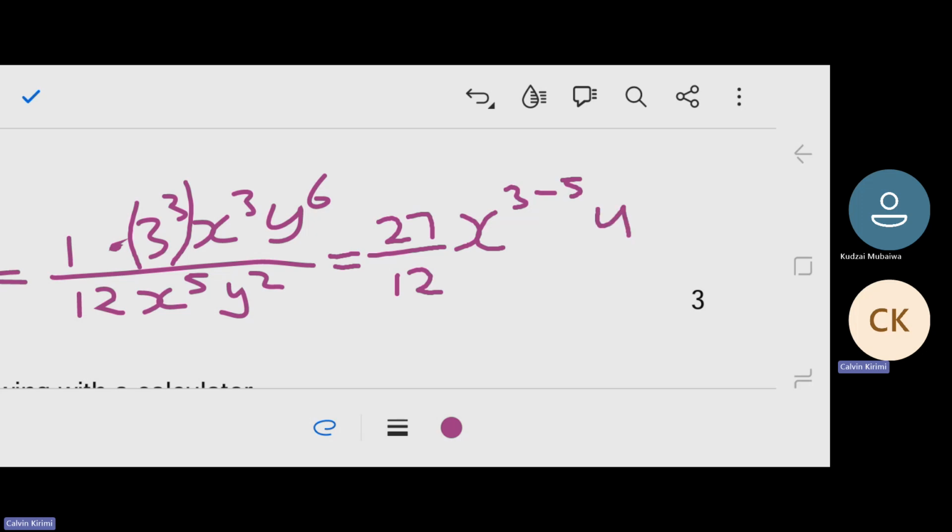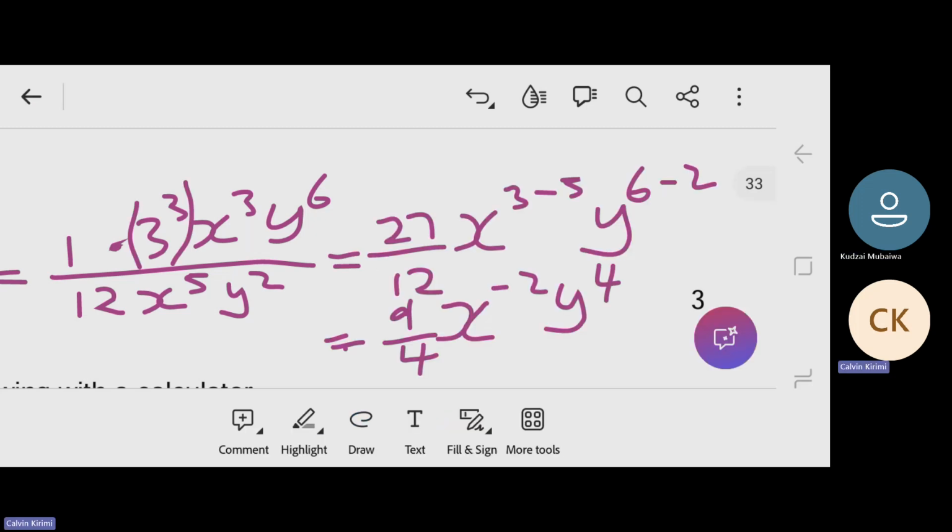Multiplied by y to the power 6 minus 2. Then 3 goes into 27 how many times? 9 times. The highest common factor is 3, isn't it? Then 3 goes into 12 how many times? 4 times. X to the power negative 2. Y to the power 4.